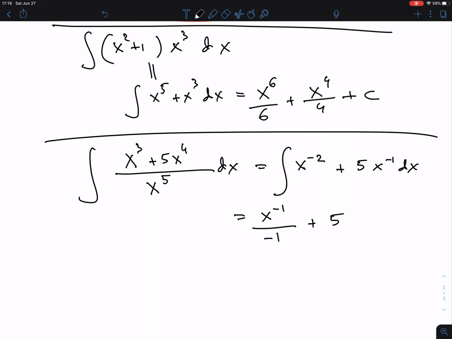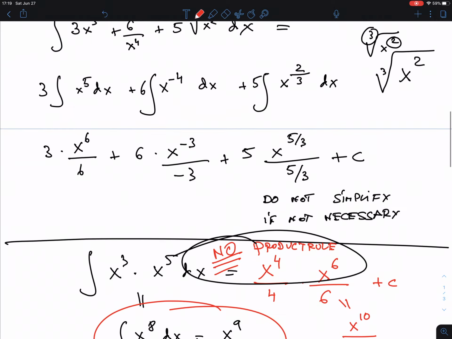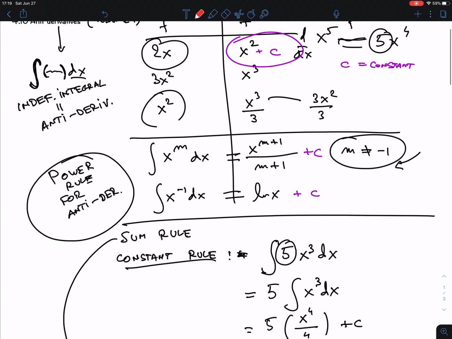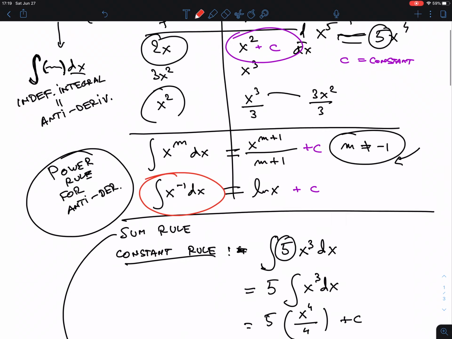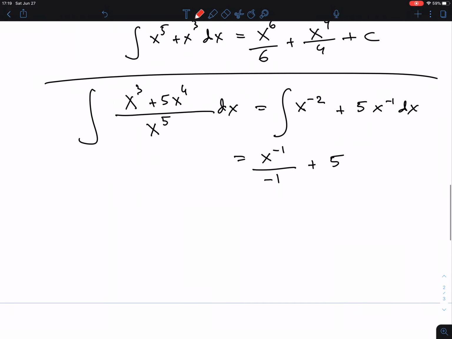I'm doing it in red because it's wrong. Add 1 to the exponent, divide by it. That's not possible. What does that mean? There's no answer? No. Remember, there was one exception in our power rule. That's exactly this power. And therefore, this was just ln x.